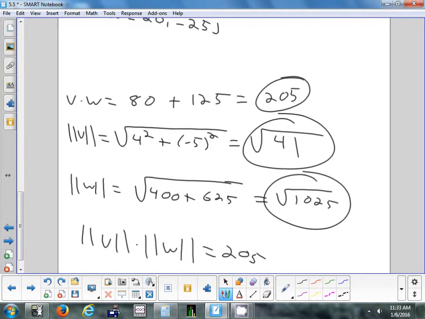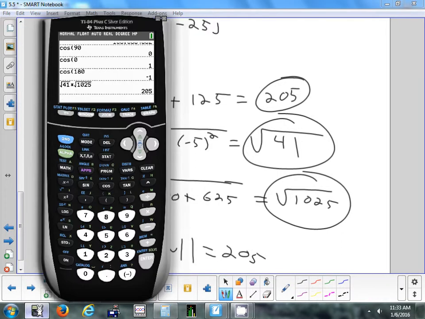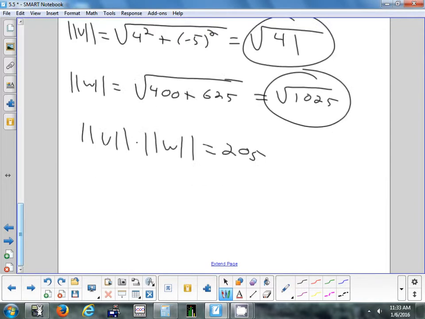So my numerator is 205, my denominator is 205. They came out the same. Once you find the square root, you just multiply. I just multiplied these two together. I'm just using my formula.